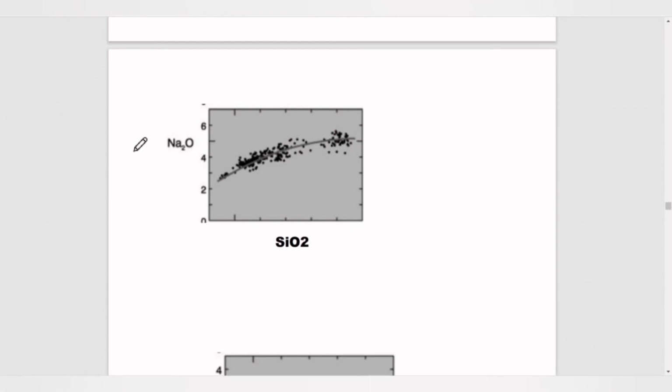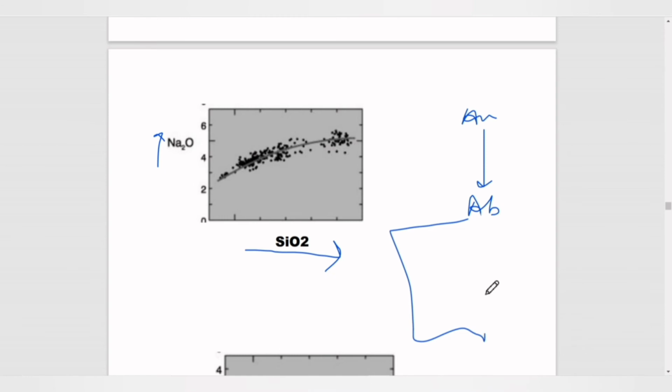Next one is Na2O and SiO2. Again, we will see anorthite will form first, and after that albite will form. So initially, when anorthite was getting crystallized or settling out, we will get Na2O concentration high in the remaining melt.